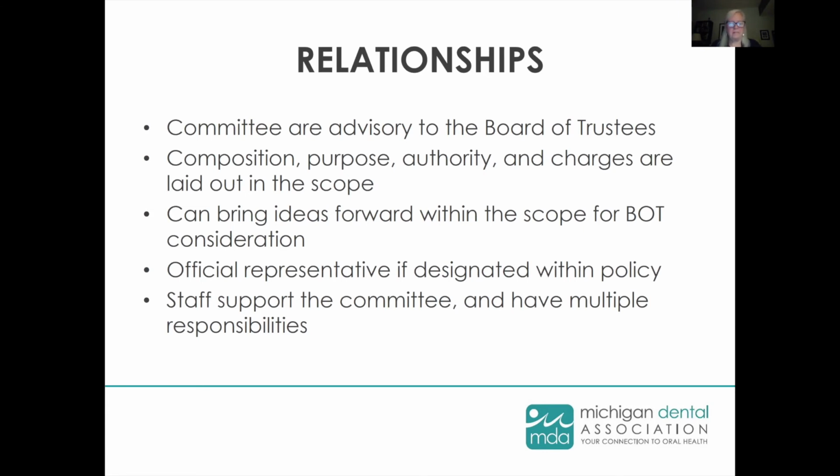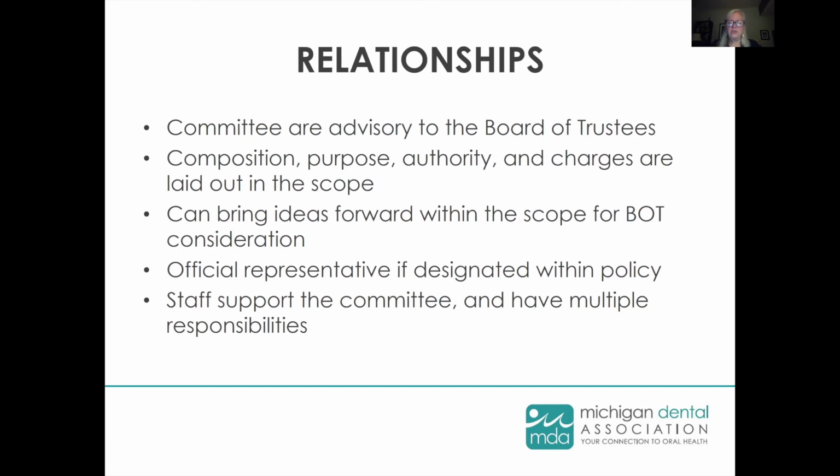Similarly, the Committee on Annual Session fulfills its responsibility with minimal oversight by the Board of Trustees. Generally any committee can bring ideas forward within their scope for Board of Trustee consideration. And occasionally there will be times when committee members may be authorized to serve as an official representative of the Michigan Dental Association.